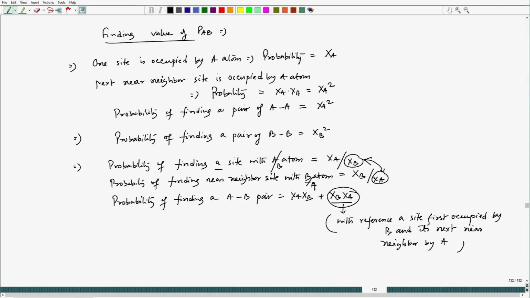So, that is why we have to add that part. So, it becomes 2 XA XB.